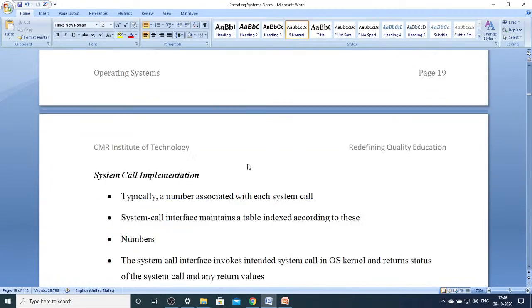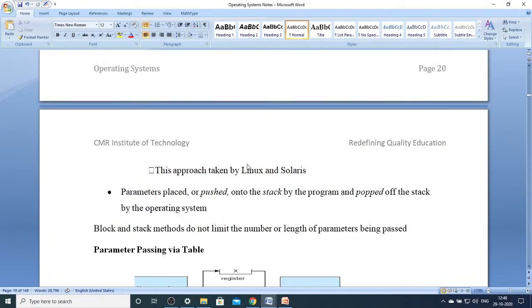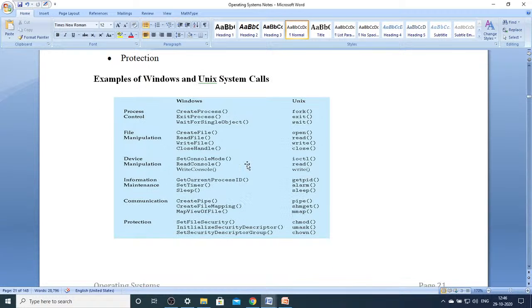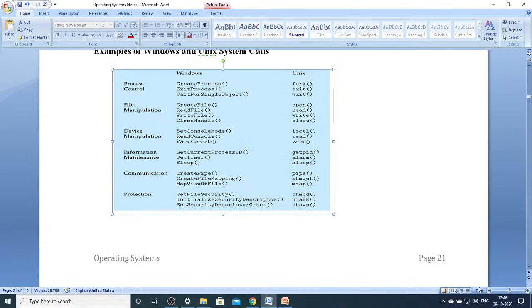So these 6 types of system calls you need to address, and there will be a diagram actually. Yes, this diagram. This diagram is very important. If you are able to draw this particular diagram for a system calls question, you will definitely get full marks.